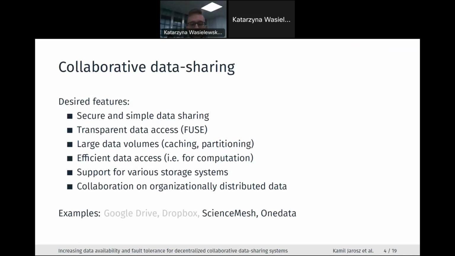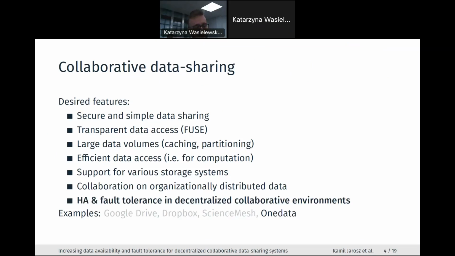For example, Science Mesh doesn't implement groups yet, so we cannot group users and apply shared policies, right? It has only features like sharing a link to the data or inviting someone. So OneData. But we didn't find any other systems which we can apply this with. But the whole idea is inspired by OneData, but it's not made specifically for OneData, right? It has some general ideas here.